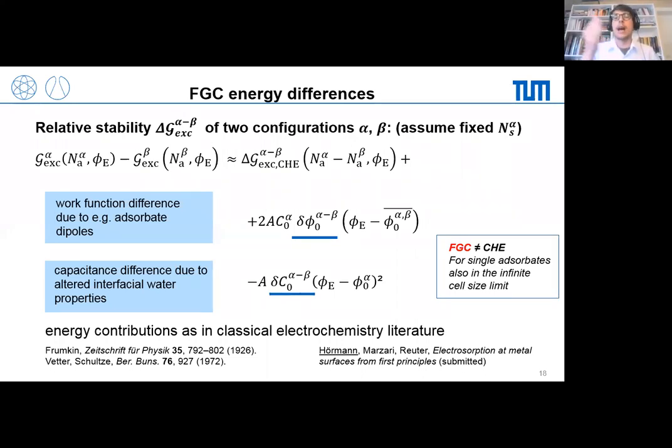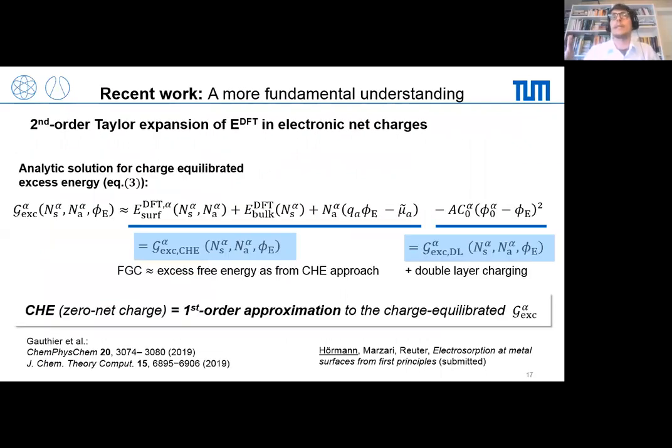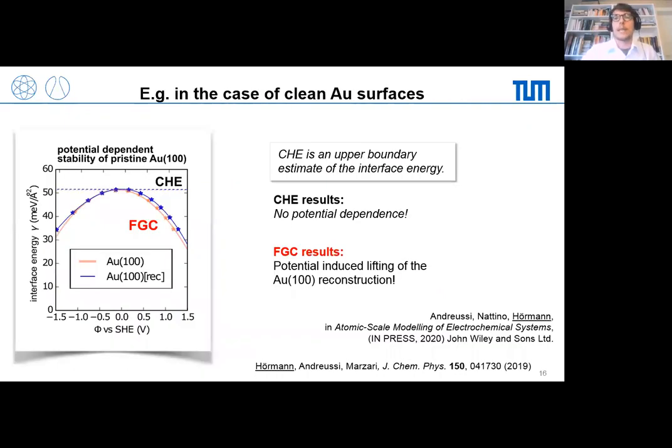And it turns out, and we described this in this paper in 2019, this JCP paper, that this abstract description with the minimization is the same or very similar to what Ross Meisel calls the generalized computational hydrogen electrode.